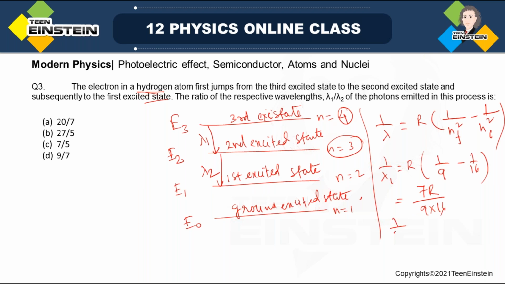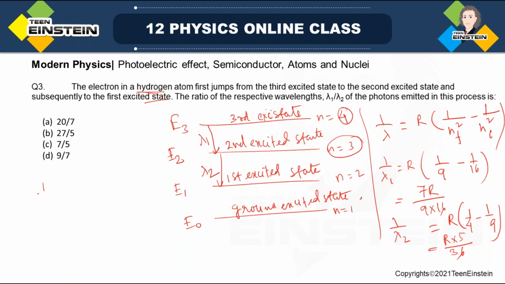Similarly, I can write 1 by lambda 2 is equal to R into, lambda 2 means it is going to n equal to 2, that means 1 by 4 minus 1 by 9, which is 5R by 36. So if we take the ratio, we have to get lambda 1 by lambda 2.